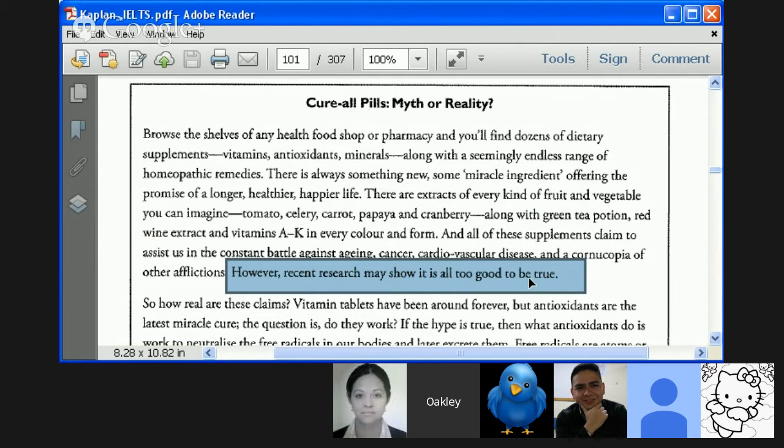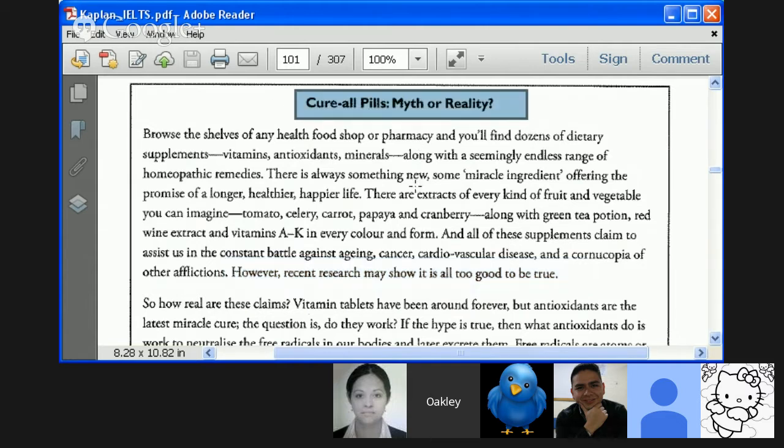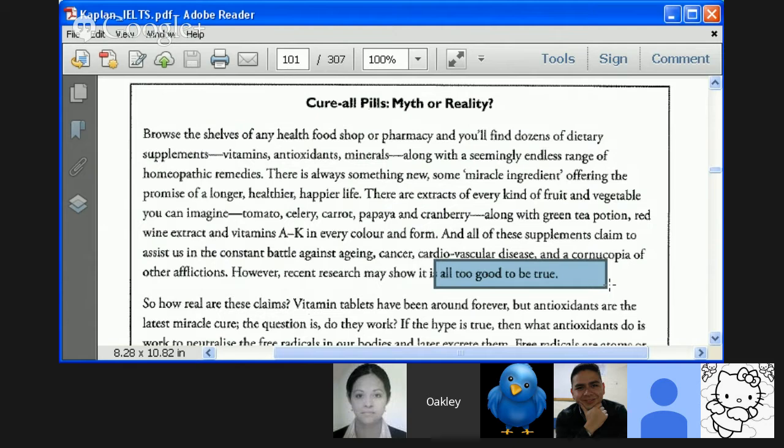The author's intention is obvious to me: myth or reality, looking at the title as well, helps me understand the author is probably going to be debunking or arguing against or explaining how maybe dietary supplements are all too good to be true.